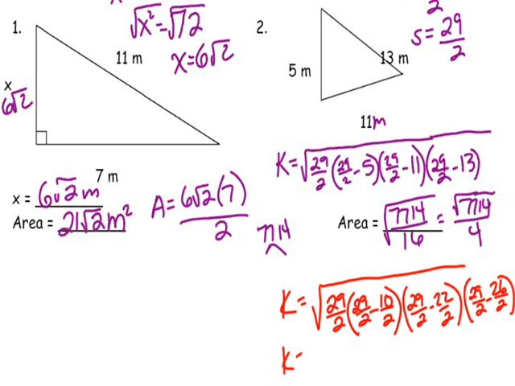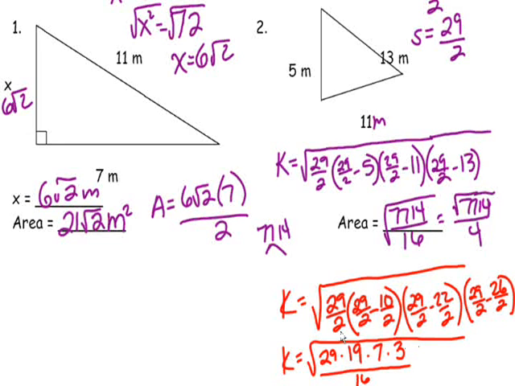So what we really have is 29 times 29 minus 10 is 19, times 29 minus 22 is 7, times 3, and all of that is over our 16 that we get on the bottom, right? Because we get 2 times 2 times 2 times 2, so that's where 16 comes from.